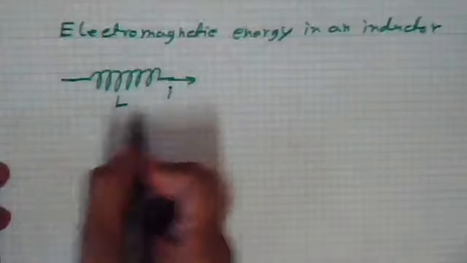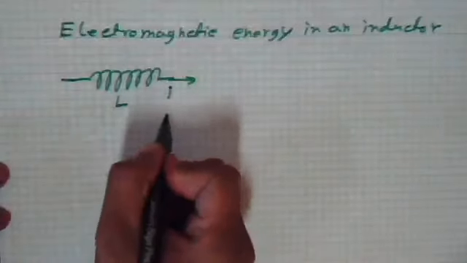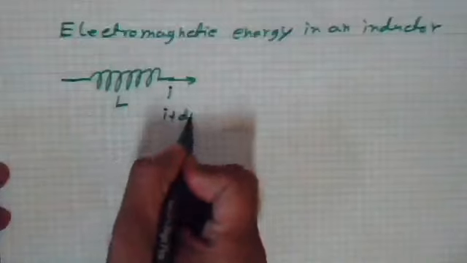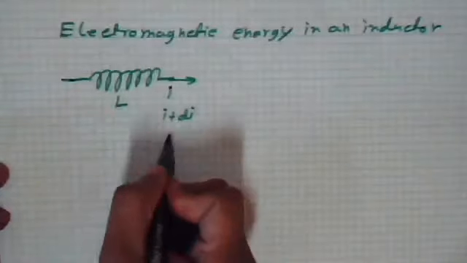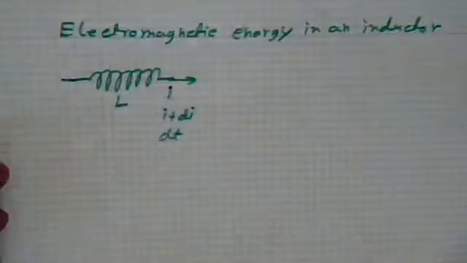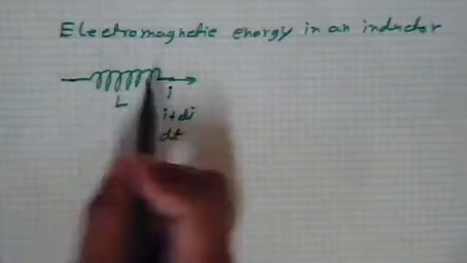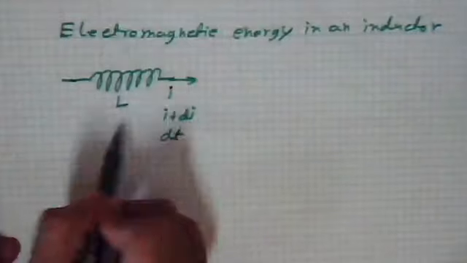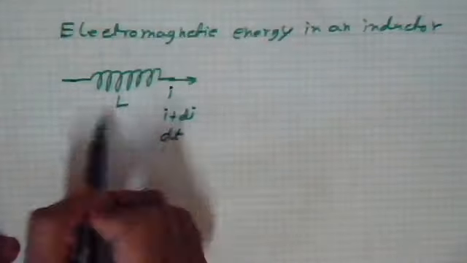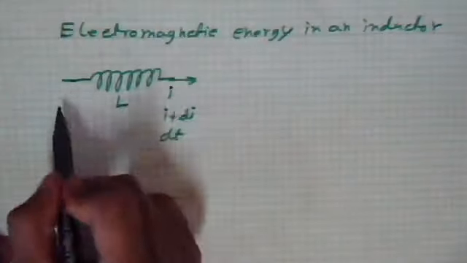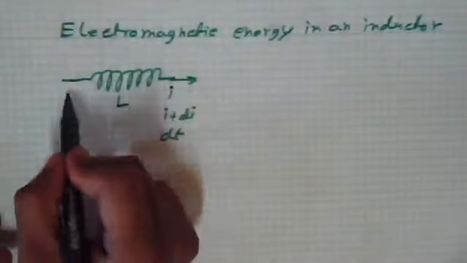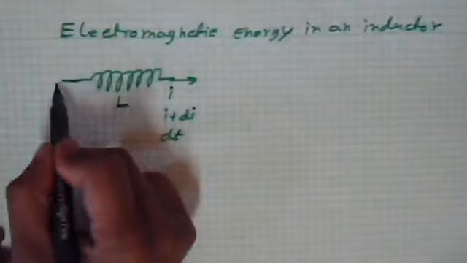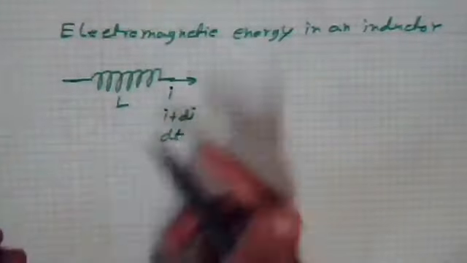Say I increase from I to I plus di, and I do it in time dt somehow. So how can I do it? I essentially have to apply an energy source, maybe some power source, so that the current increases.